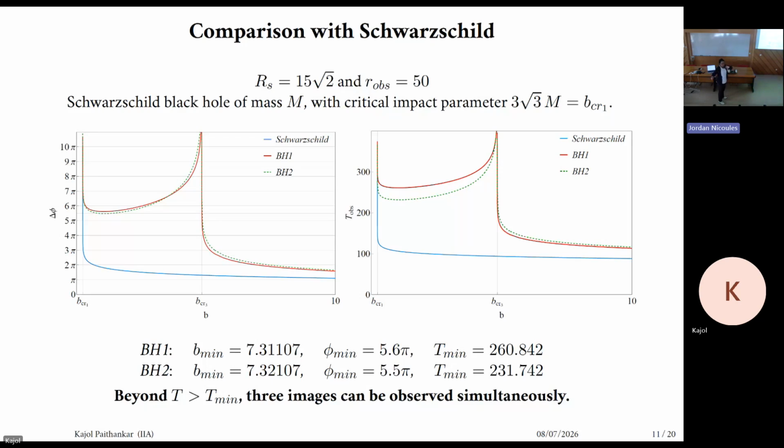Yeah. So how do I understand these pictures? If I fix observer position and source position, I look at the left picture, and then my delta phi will be fixed. So I plot the horizontal line, and I get three images. And for these three images, I get three specific impact parameters.